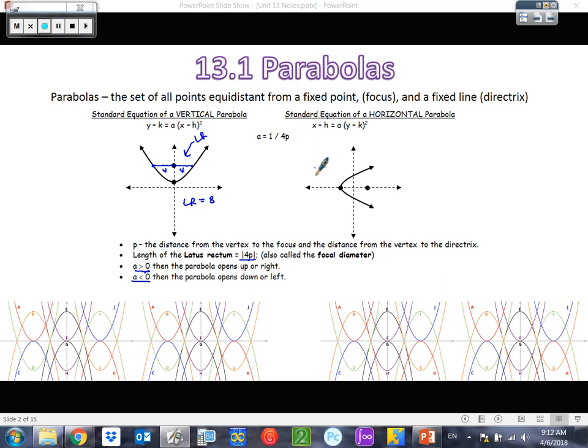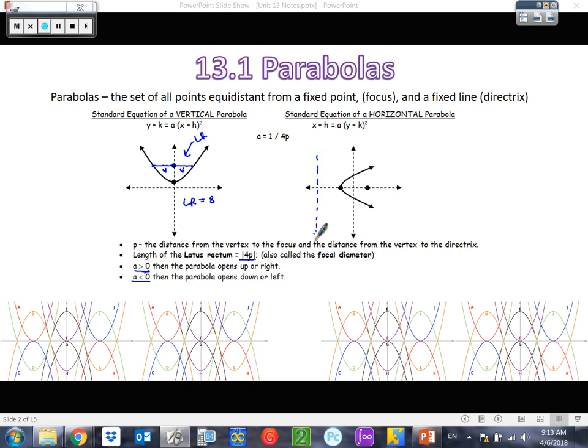One thing that I am going to go over with you on each of the conics is the definition, because a lot of the word problems are written with the definition in mind. So we really need to think about what the definition is saying, and that's what I have listed at the very top. It says a parabola is the set of all points equidistant from a fixed point, the focus, and a fixed line, the directrix. To give you a visual picture of what's going on, I don't have the directrix drawn here, but let me just draw one.